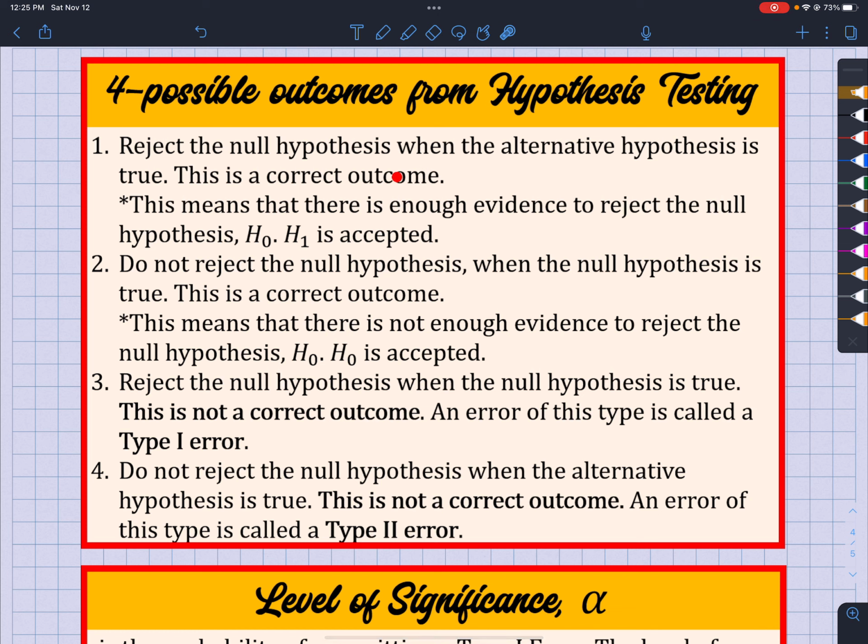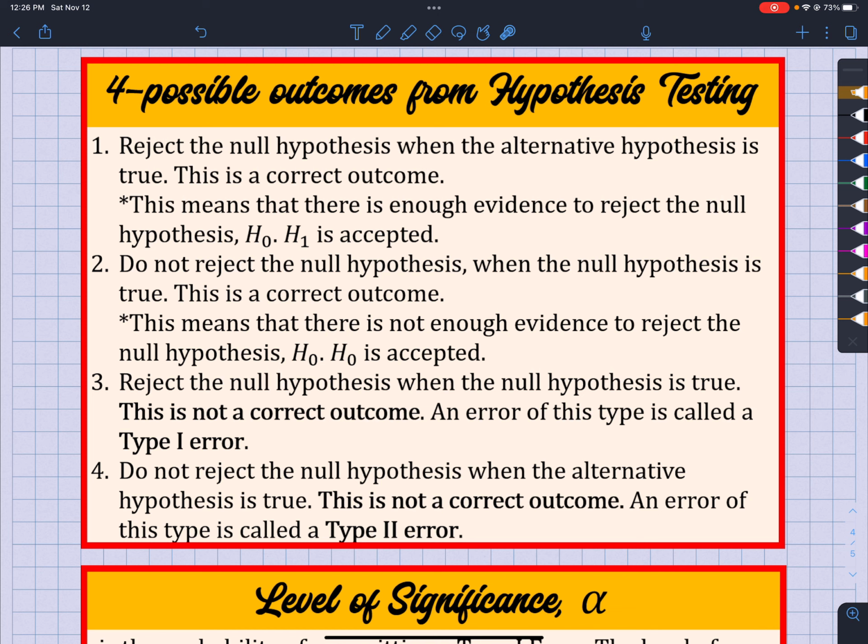With that being said, we also have four possible outcomes of a hypothesis test. If we reject the null hypothesis when the alternative hypothesis is true, meaning I say I'm not guilty, rejecting guilty, because I am not guilty, then that is a correct outcome.